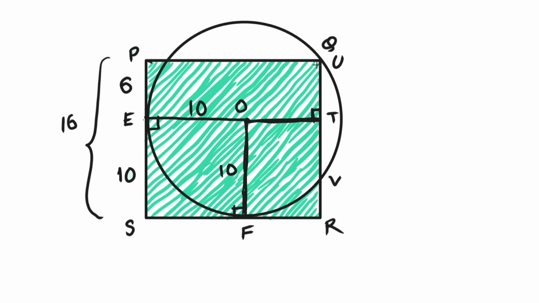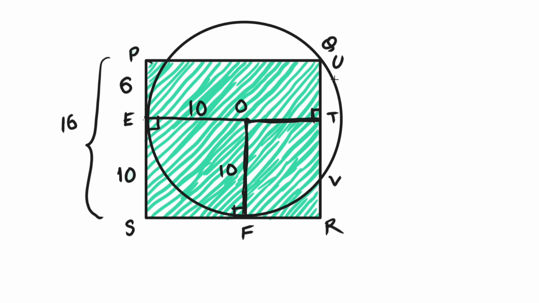Now let's determine the value of UT. Notice that PE is 6 units. The point E lies on the same horizontal level as the center O, and T lies on that same horizontal level on the opposite side of the rectangle. Therefore, the vertical distance from the top side PQ down to the horizontal center line is the same on both sides.